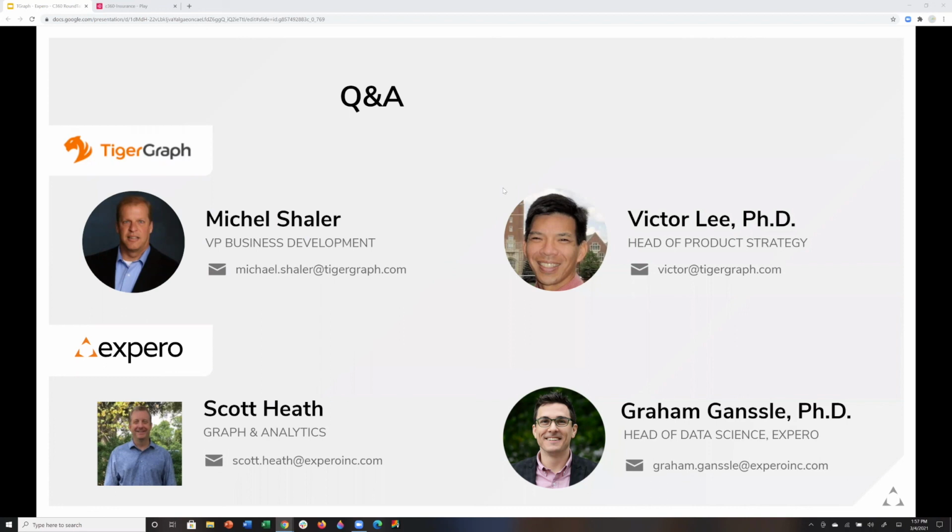What types of algorithms come in TigerGraph that would facilitate 360 analytics? Sure. First thing that comes to mind are similarity algorithms like Jaccard similarity or cosine similarity, because for entity resolution, what you're essentially trying to answer is, are these two things in fact the same person or same business, something like that?